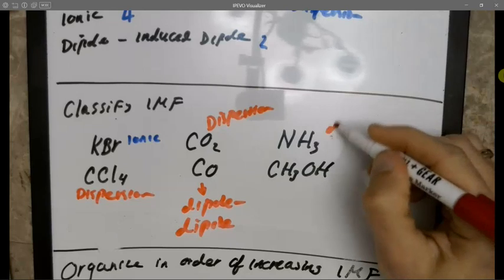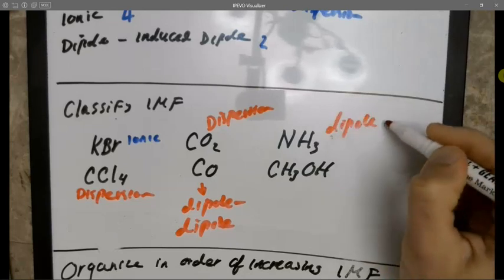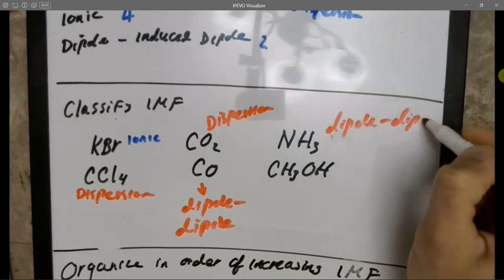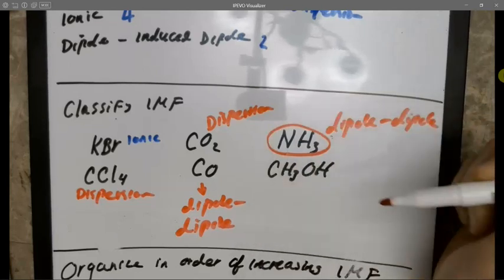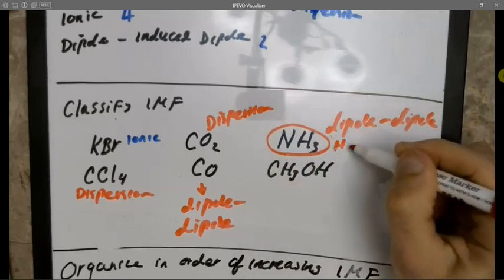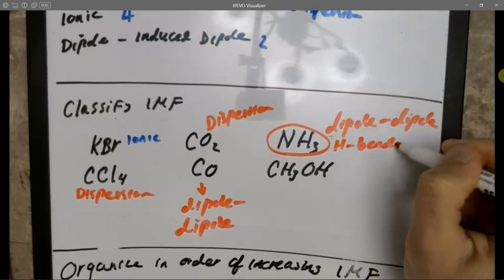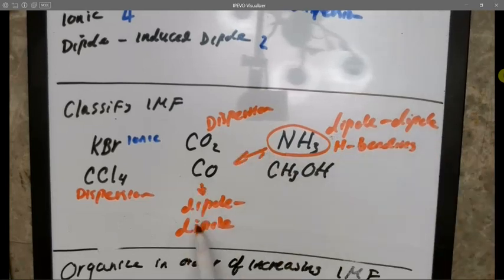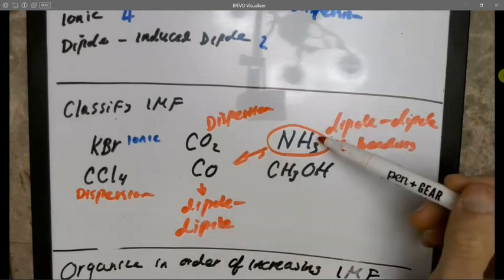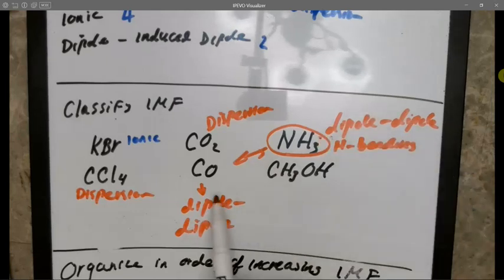This is also dipole. And because it's got N and H, this one has hydrogen bonding. This one does not. So even though they're both dipole, this one I would expect to be stronger than this.